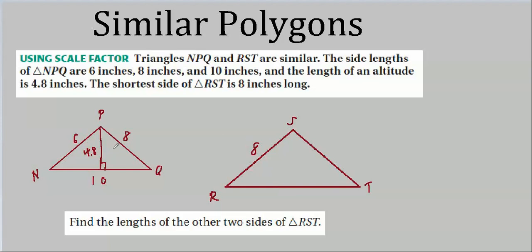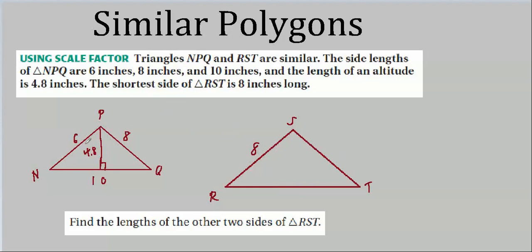Now they gave us an altitude, which we're not going to need, but we will need some of this information. For instance, they had to give us at least one side, and they say that the short side is 8 inches, and if they're similar, I drew them so that they had the same orientation. Here's the short side here, so this is the short side.